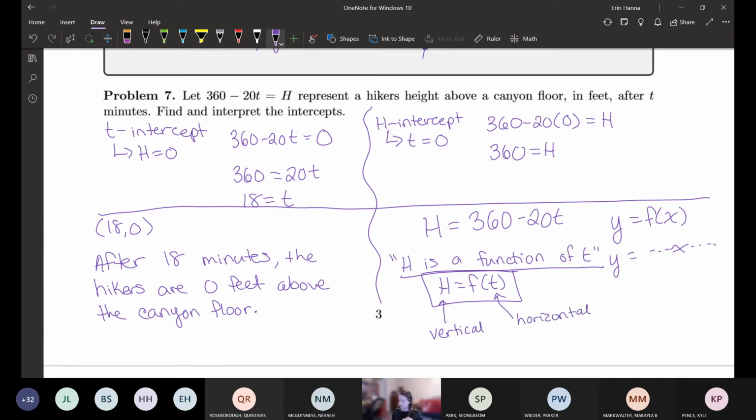Now you might ask me, okay, well, we have h equals here, and that's why I started going that direction. But if I want to be picky about being 100% correct, they're not telling me which one is a function of the other.